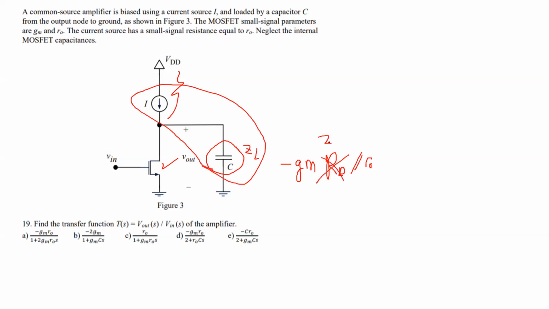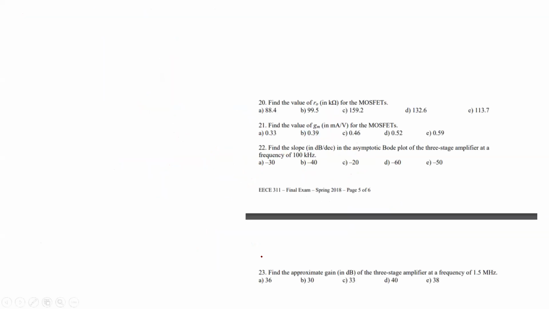So I replace this with ZL parallel the current source resistance. From this expression ZL is 1/sC, and we do the parallel equation; I think this expression should come out. If I still remember correctly. Okay, right.